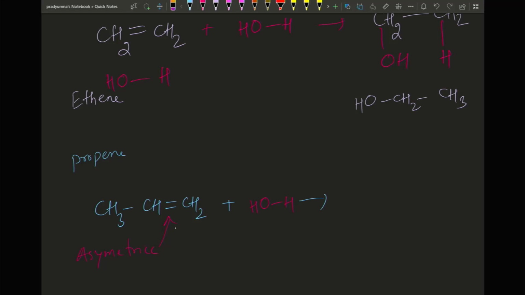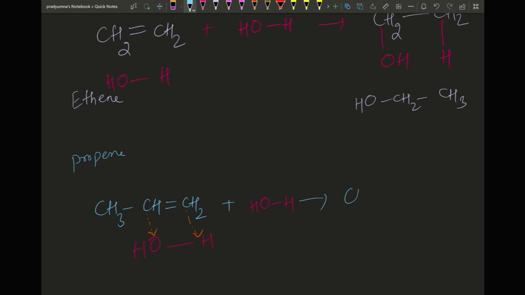So this is where you have to be a little bit careful. Let me explain why you're going to get two products. I can attach my carbon like this. Let's color code this. Let's connect this here, and this here. So let's see what we get.